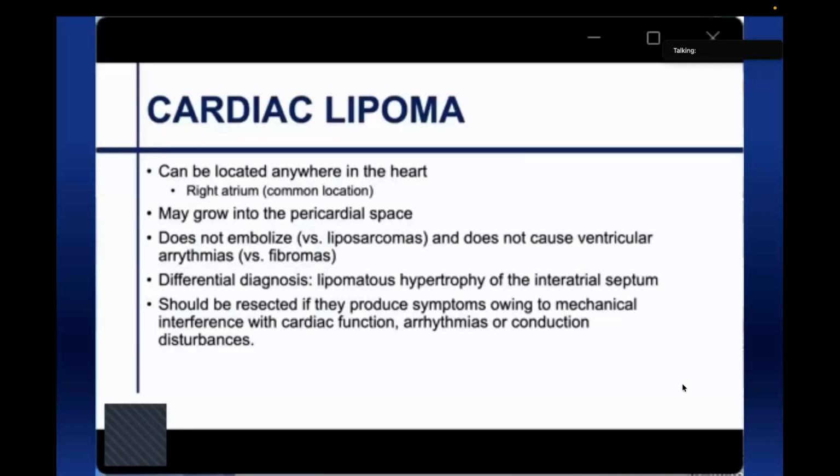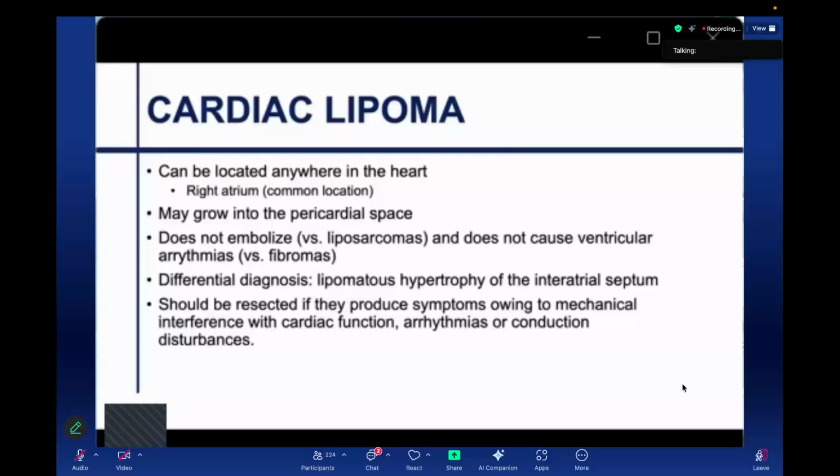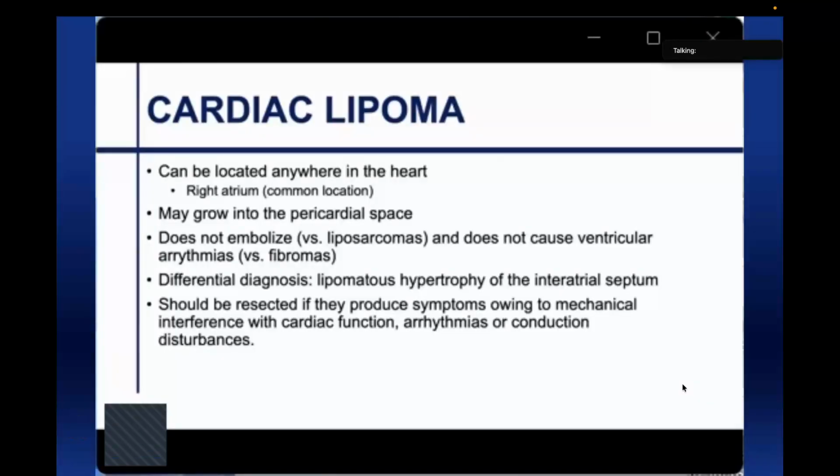It may grow into the pericardial space, does not embolize compared to liposarcomas, and does not cause ventricular arrhythmias compared to fibromas. Differential diagnosis is lipomatous hypertrophy of the interatrial septum. It should be resected if it produces symptoms owing to mechanical interference with cardiac function, arrhythmias, or conduction disturbances.